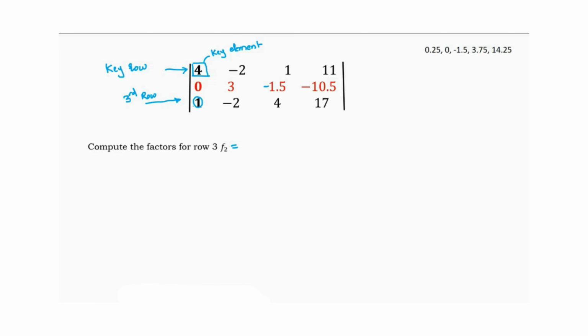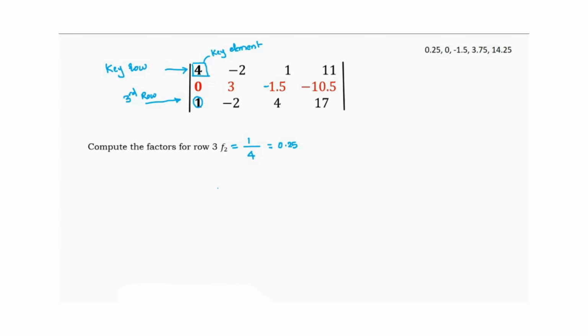Which element would we like to make 0? That value is 1. I am writing directly now, since in the previous case I explained in detail. That element's value, 1, upon the key element. What is the key element value? It is 4. 1 by 4 is equal to 0.25. So this is the factor.